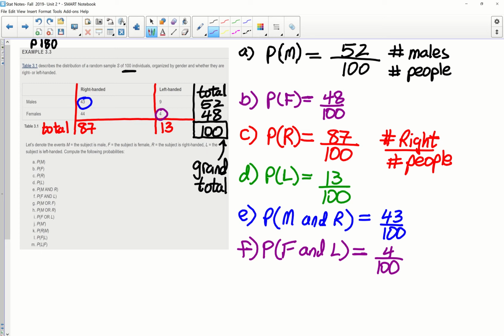We don't know if this projects out to the entire population, but if that's true, then any activity in which a female could specialize by being left-handed, that's something a left-handed female would really like to be aware of.